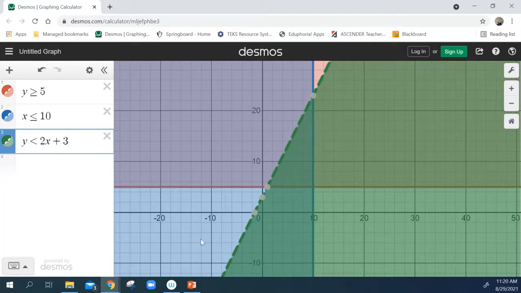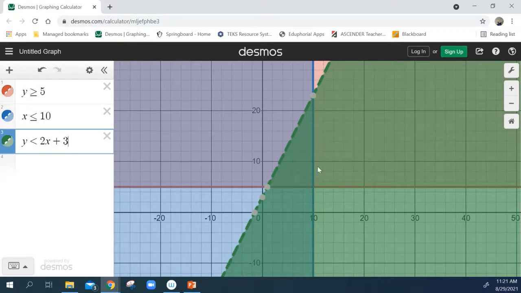We're including everything to the left of this, or sorry, to the right, right? And I shouldn't say right, I should say below, because if we're talking about y, we're talking about vertically. So everything below that equation line, not including the equation line, that's why it's dashed, right?